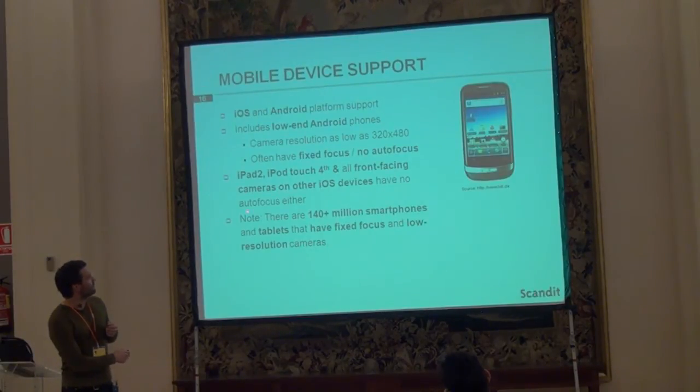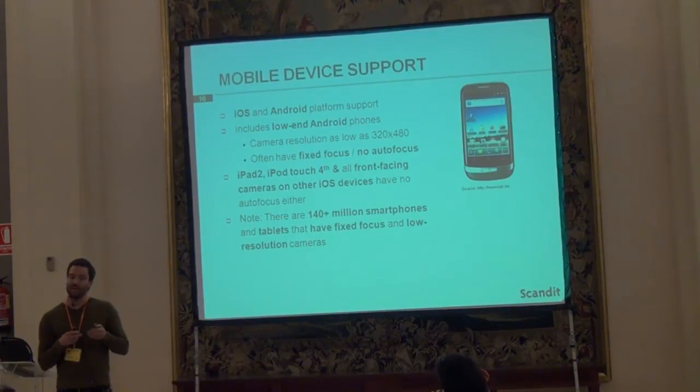Interestingly enough, even devices such as the iPad 2 and the iPod Touch, or effectively all the camera modules built into the front-facing cameras of iOS devices, don't have autofocus cameras either. So independent of the fact that you can also scan faster with an autofocus camera, you cannot support these devices.